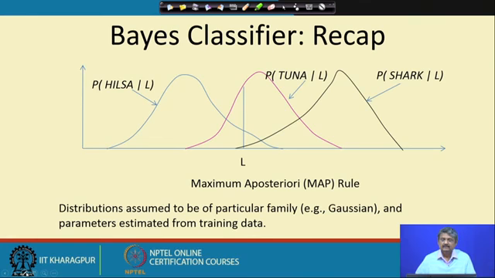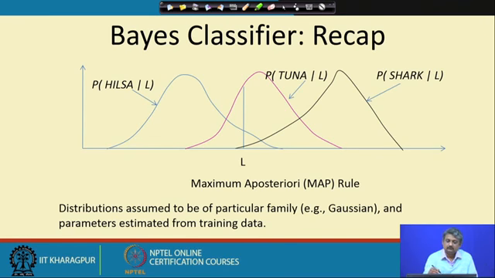So, let us quickly recapitulate what we did in the Bayes classifier. We considered the posterior distribution, given an example of a certain attribute value L, that it belongs to a certain class, say tuna, and for each of the classes we draw the probability distributions.